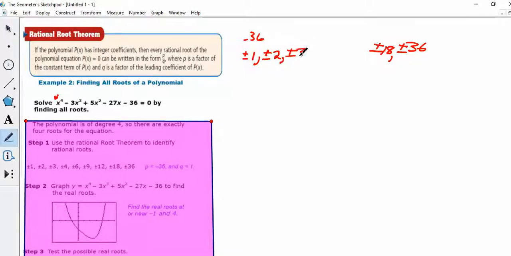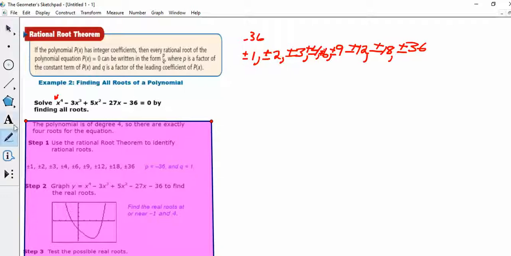I could have 3 times 12, and 4 times 9, again plus or minus, because 4 times 9 is 36, and squeeze in a 6. So these are my possible factors, and those are going to be the roots.